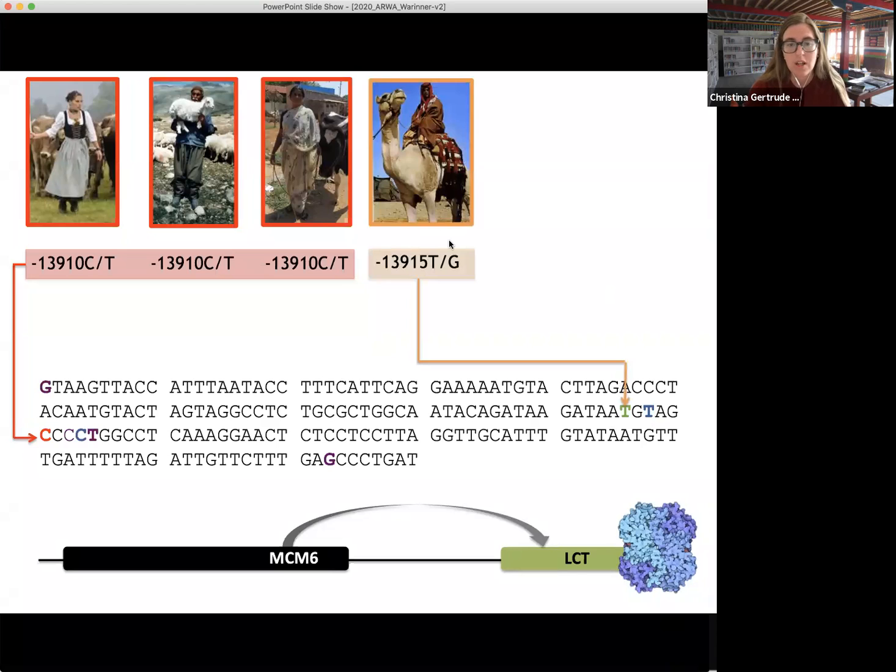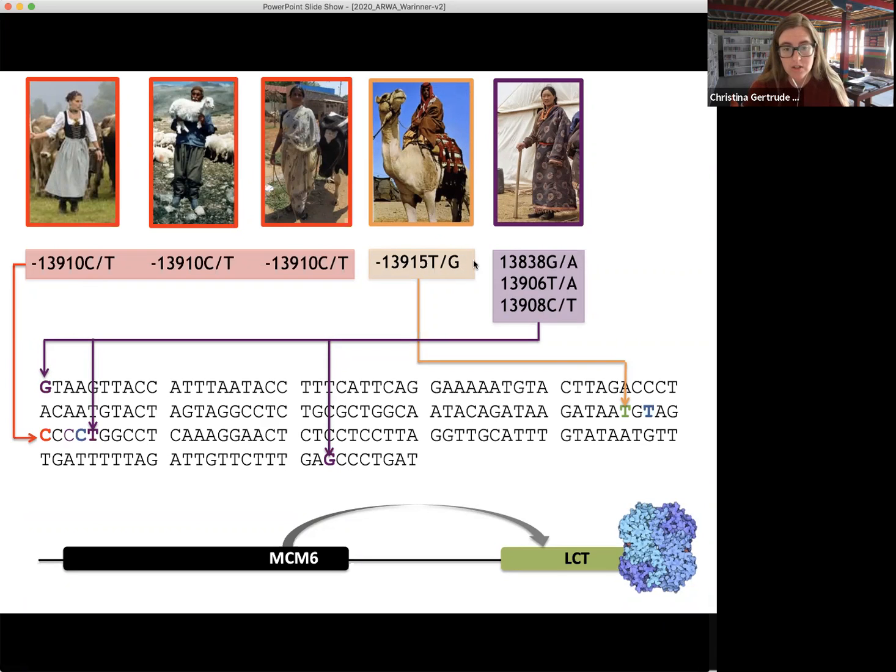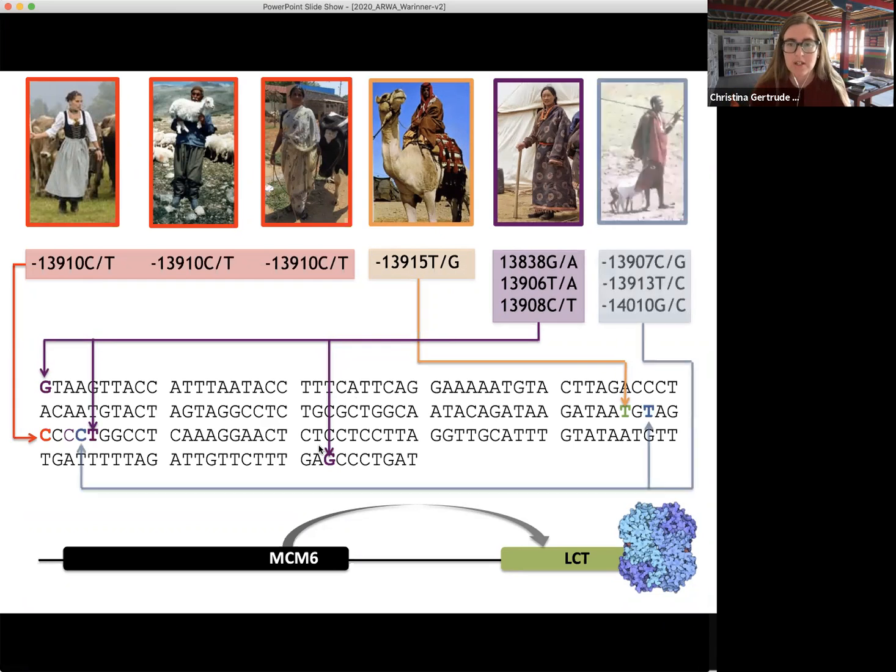These ones here that I showed are common in populations in the Arabian Peninsula, especially amongst Bedouins. And these ones marked here in purple are seen in Tibetan populations, although a lot less is known about these specific mutations. And these ones here shown in blue, and there's one that's actually in a slightly different region, are found in East African populations. All of these mutations have a very similar effect, and that is that it causes lactase to be produced for the entire lifespan of the individual instead of only during infancy.